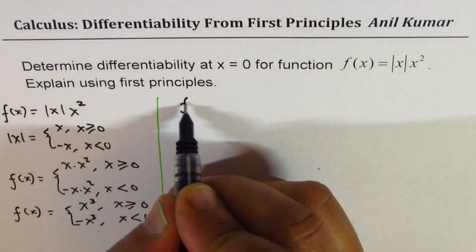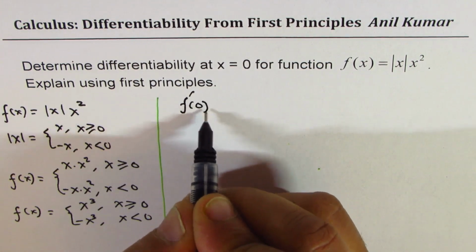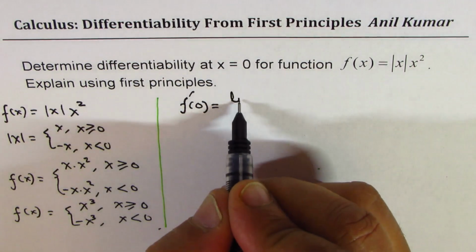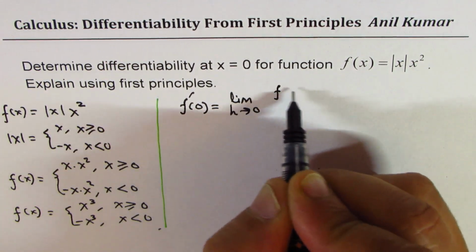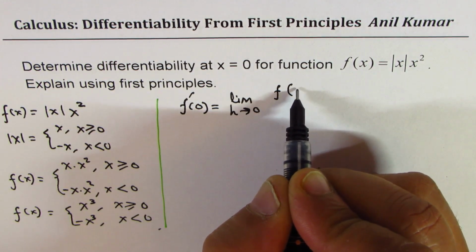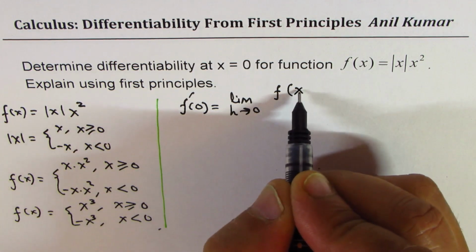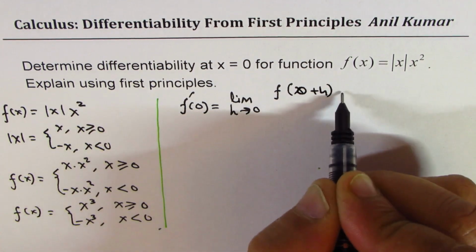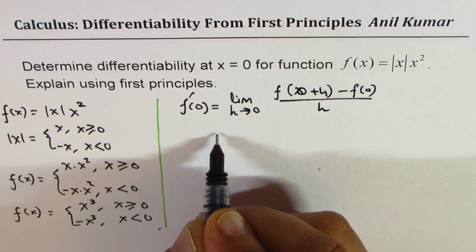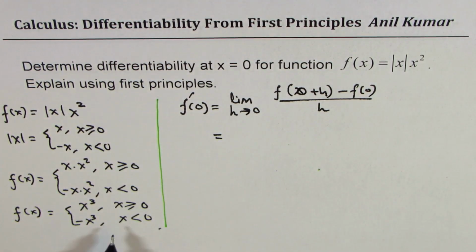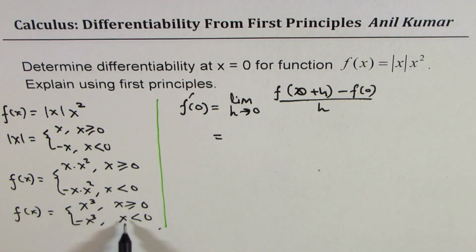So as you have seen in so many examples, f dash 0 can now be written as the limit h approaches 0 of f of x plus h, which is 0 plus h in this case, minus f of 0, over h. So what we observe here is that this could be written as a piecewise function, right?